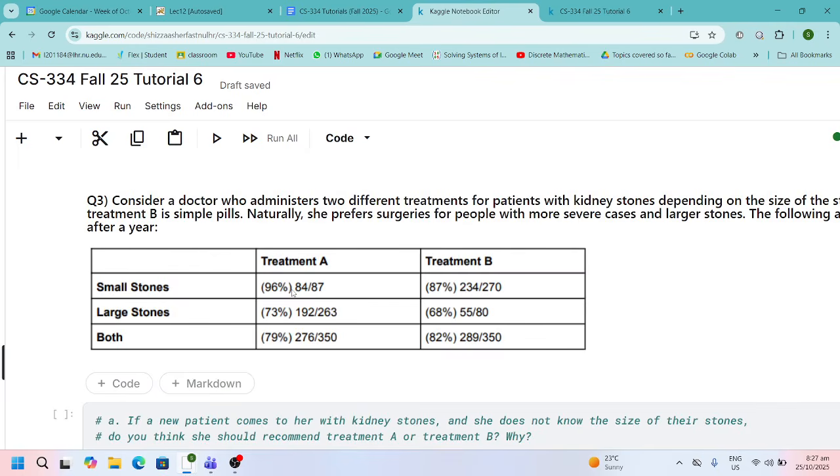So what is the probability that the size is small? I have 350 plus 350 stones, 700 stones in total. 87 plus 270 of these stones, which makes 357 stones, were small. The rest were large stones. So I have 357 divided by 700.